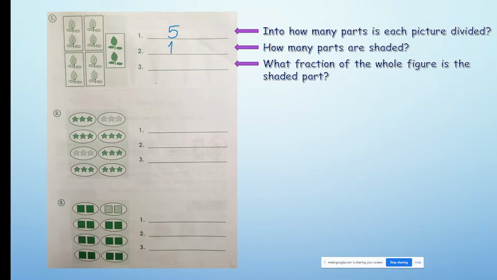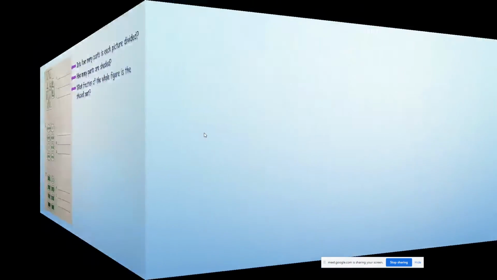It will be 1/5. This is the fraction: 1 shaded and then 5 parts. 1/5.